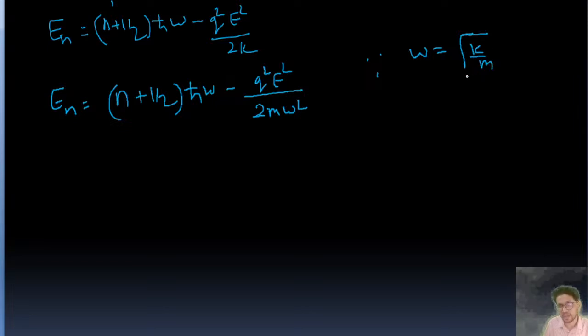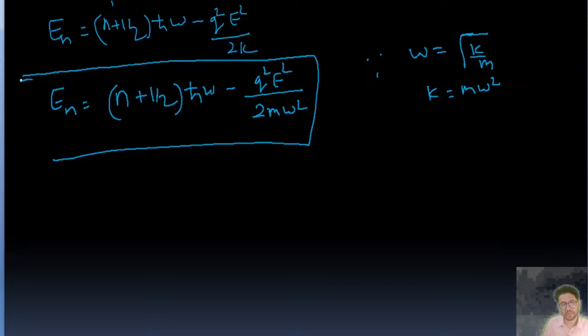Squaring both sides, the value of k is m omega squared. So in place of k, we have put m omega squared. This is the correction, the energy after perturbation of the simple harmonic oscillator. We perturbed it and then measured the energy, and this energy is this.